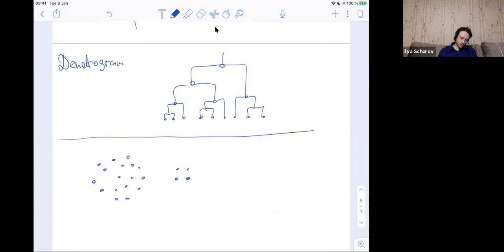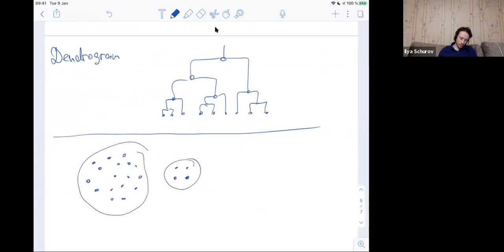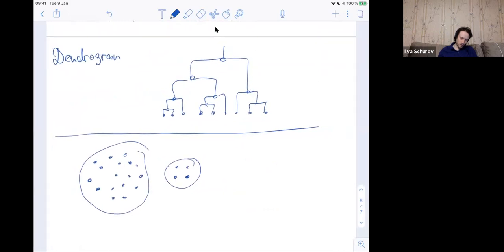And we already know that this is one cluster and this is another cluster. And assume that you have some point here in between. To which cluster will you append this point?